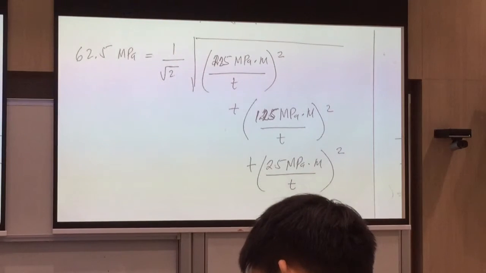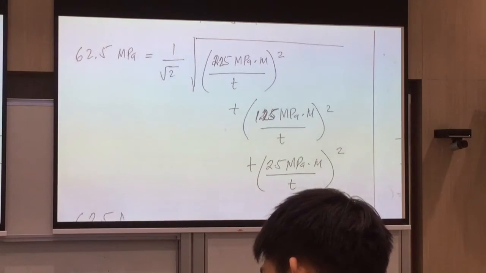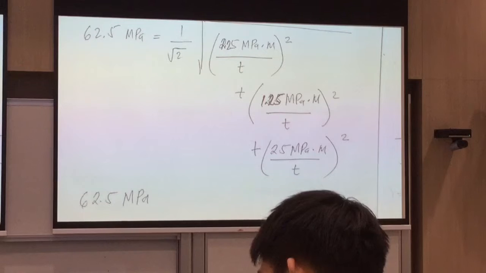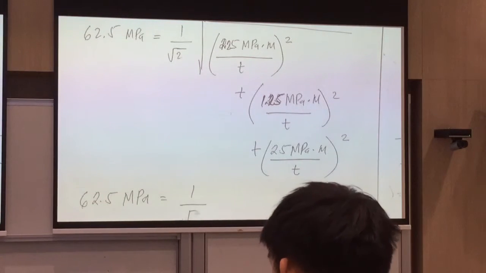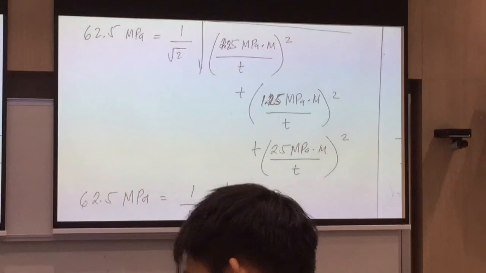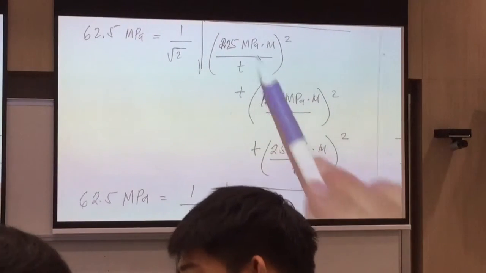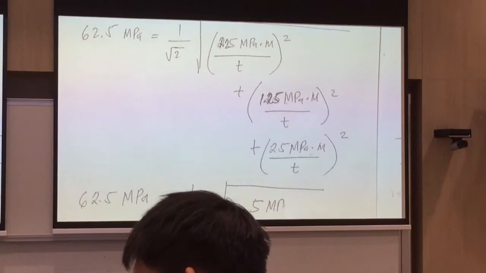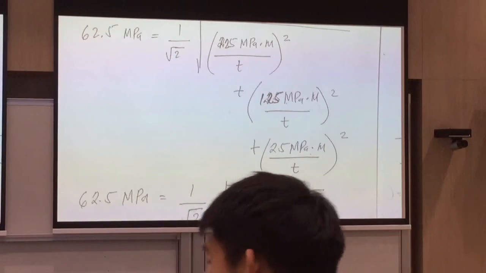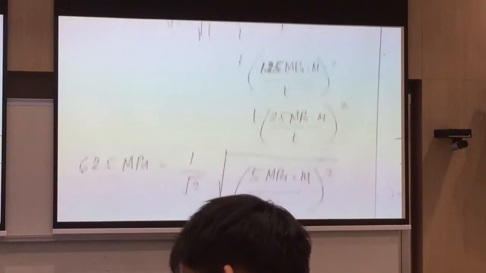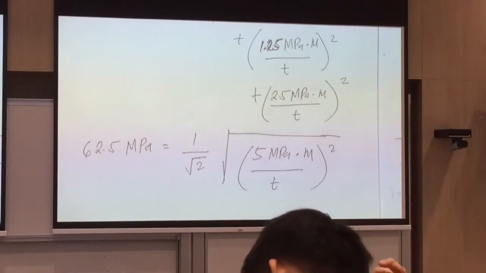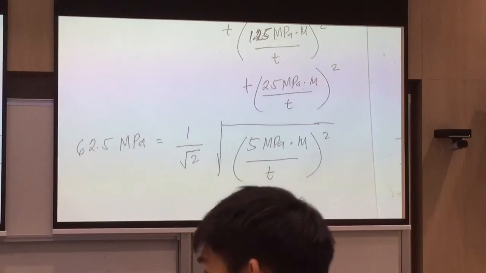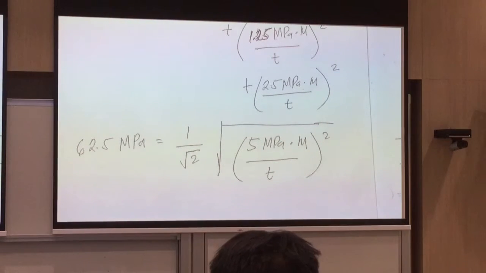So what do we have? We have now 62.5 megapascal. So I'm just putting in the units just to check that my final unit will be correct. And then I have this one to be, what's this one? So that will be 5 megapascal meter. Is that okay? So what happens now?